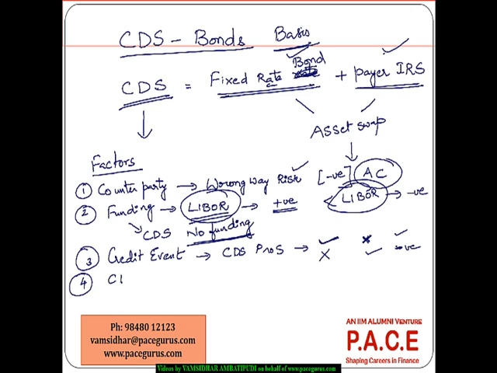Then we already talked about the cheapest to deliver option. So the CDS protection buyer will have an option of delivery, the option of choosing the bond that can be delivered.